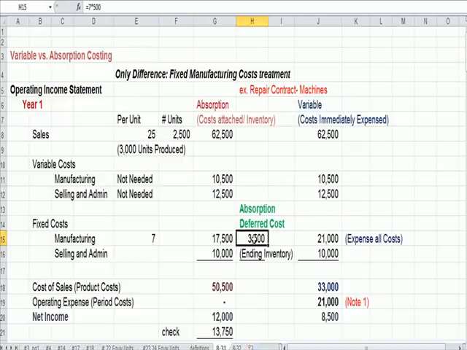There's my $3,500 that is a deferred cost under absorption costing. It's deferred until we sell the units.